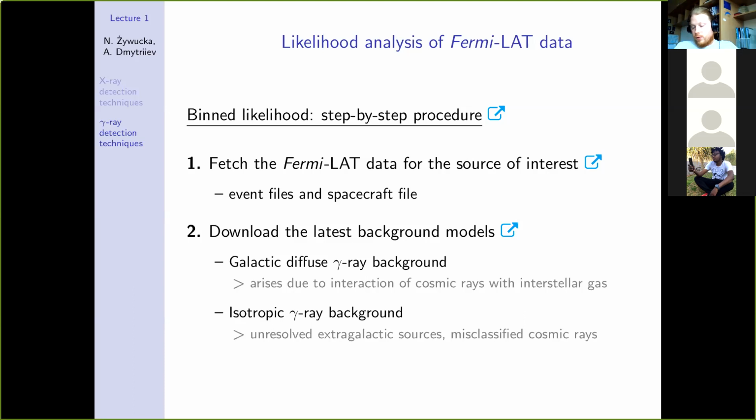For instance, if you want to build this nice map of the whole sky, you can download the whole sky. But for a source, you typically select, I don't know, a 10 or 20 degree radius around the source, because the Fermi LAT PSF is actually quite wide at low energies, so you need to collect photons from a large region.